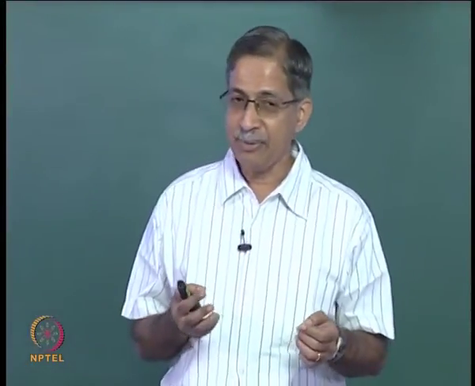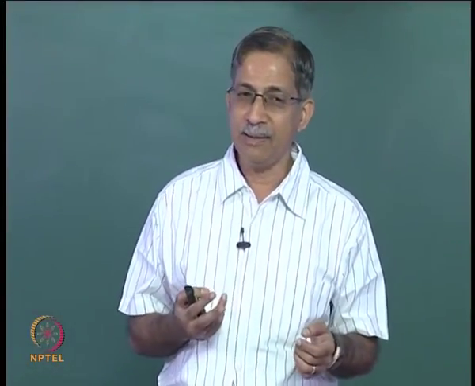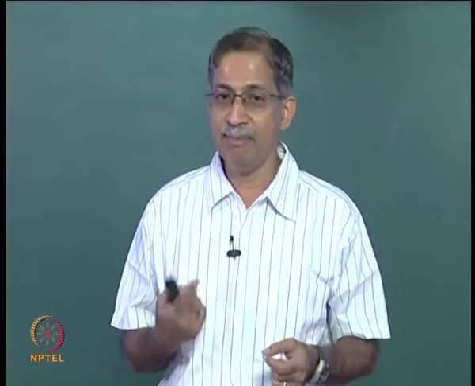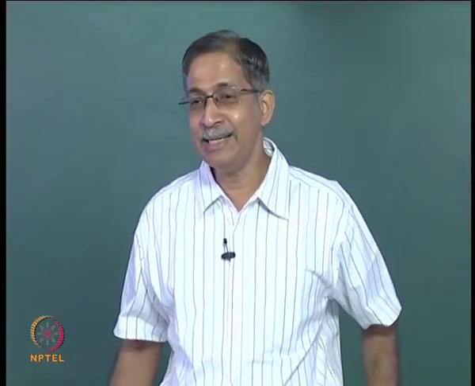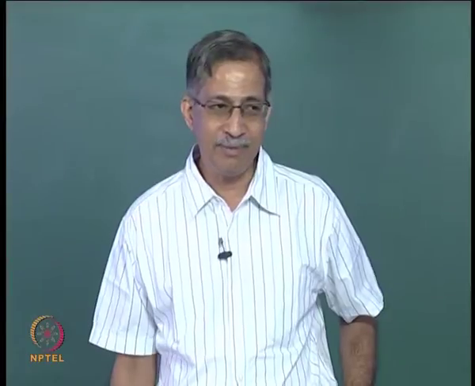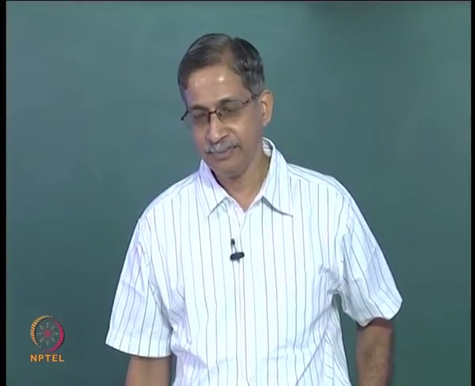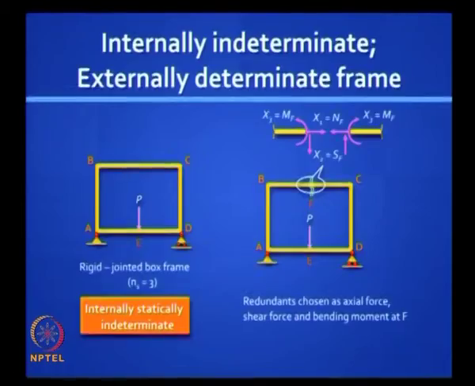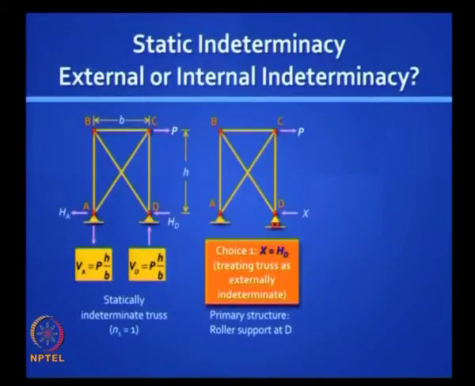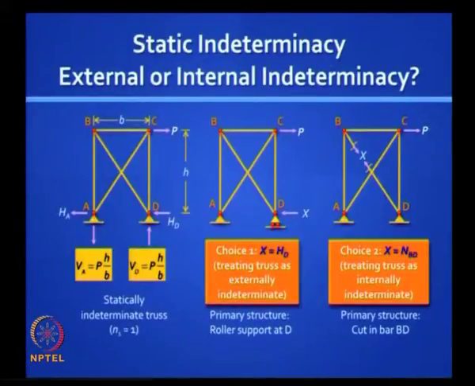Similarly, if you have a situation as in the previous case where you treated the bar as redundant, what would Dj refer to? I will go back to the previous problem. Yes, here what would displacement D refer to at the redundant location?